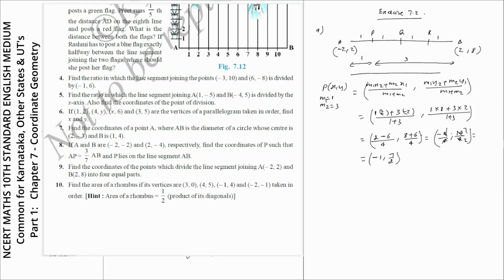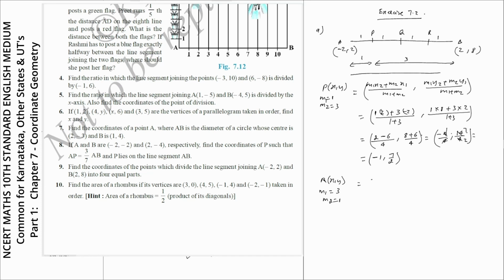Now if you take R(x, y), here M1 will be equal to 3 and M2 will be equal to 1. Okay, so substitute here.